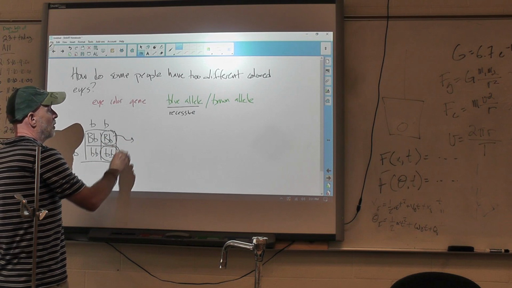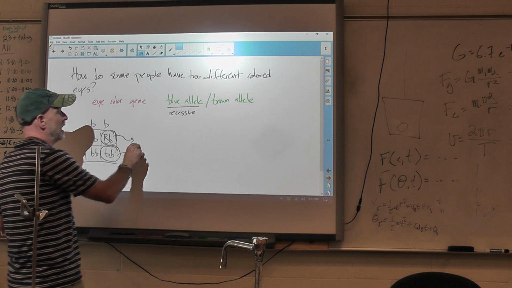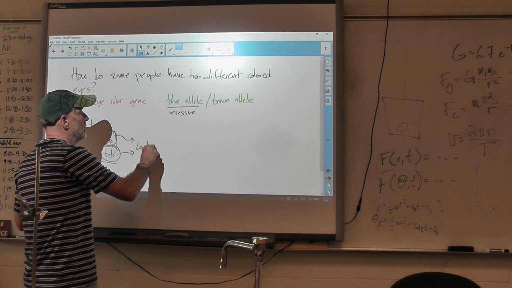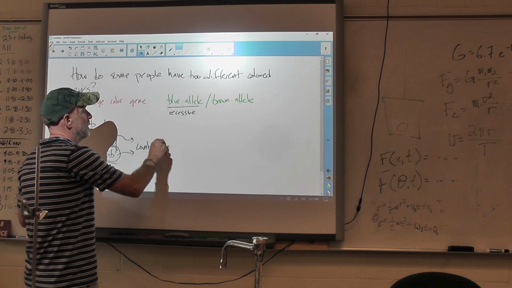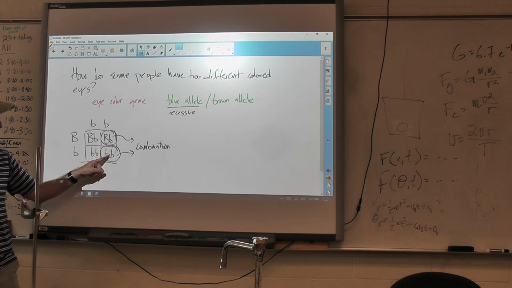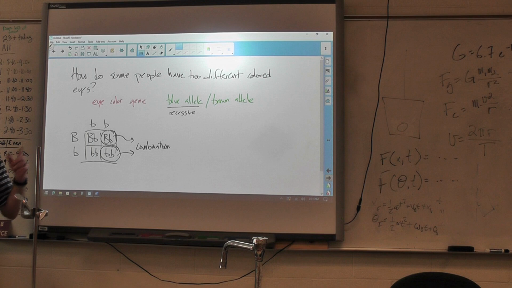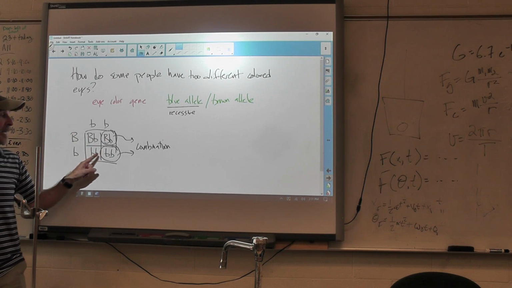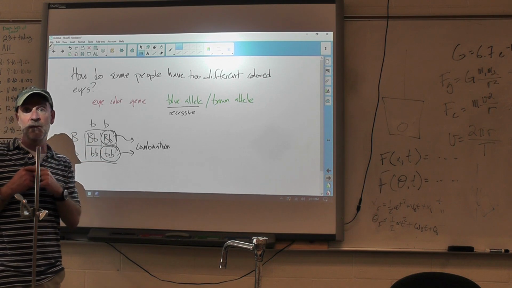This was the combination. They got a combination of our possibilities. But here's the thing. This is not how sexual reproduction works. You don't get a couple of these when you reproduce sexually. Each one of these represents the outcome of one fertilization event.